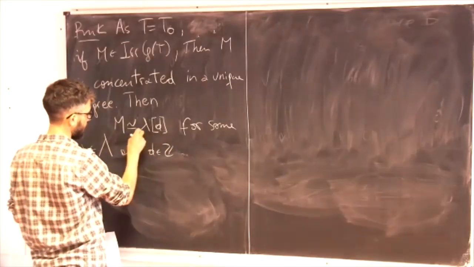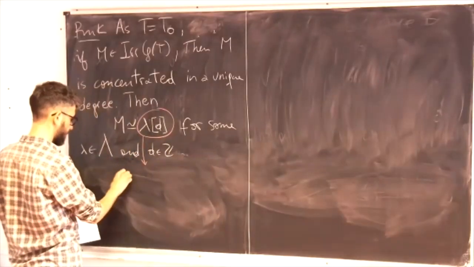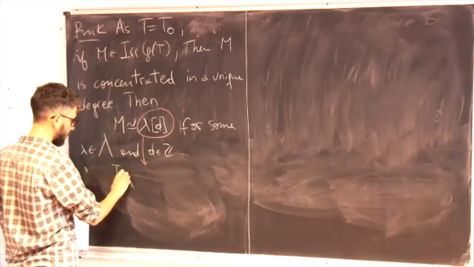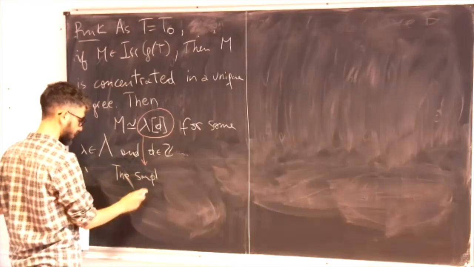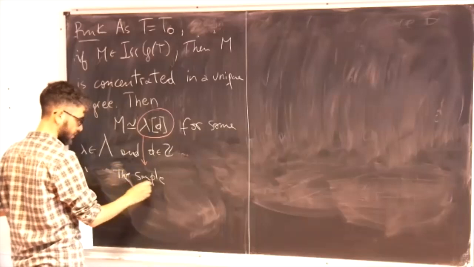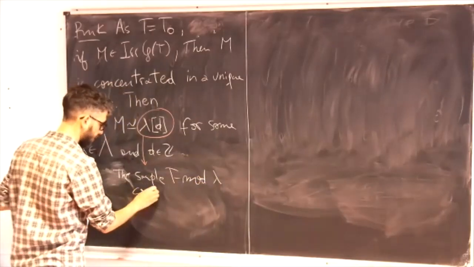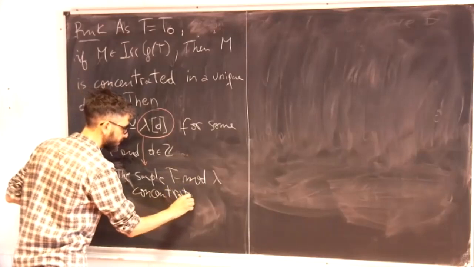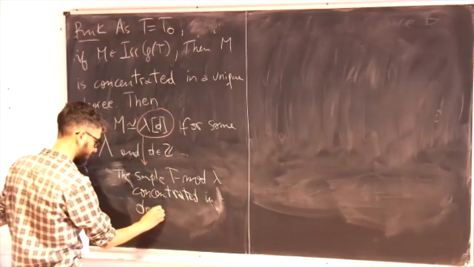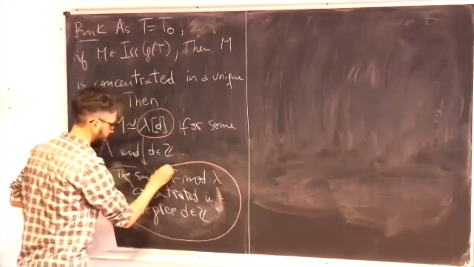With this notation, this means this is the graded simple module of the simple T module lambda concentrated in degree d. So this is a new notation. This is what it means.